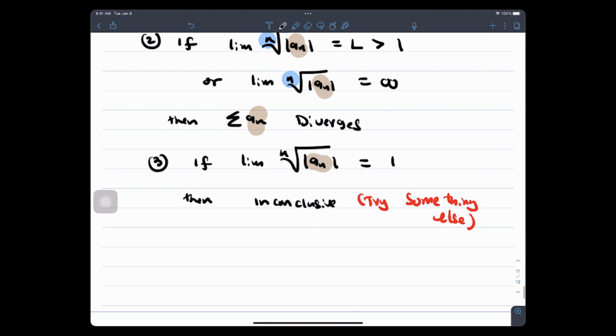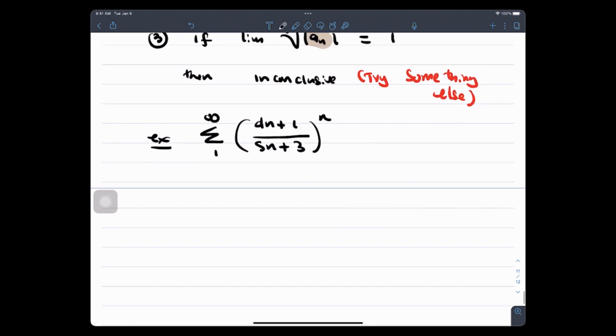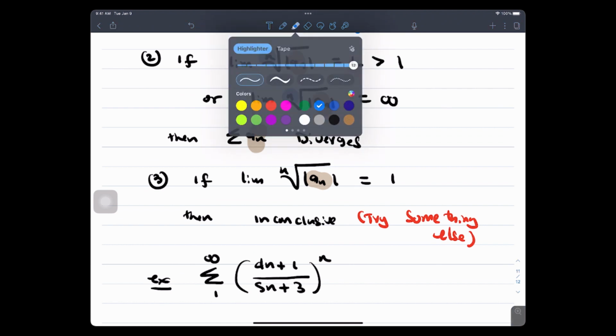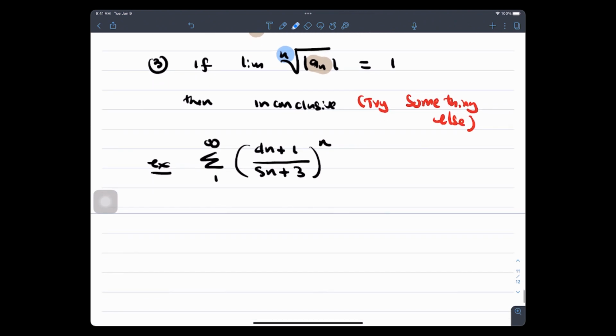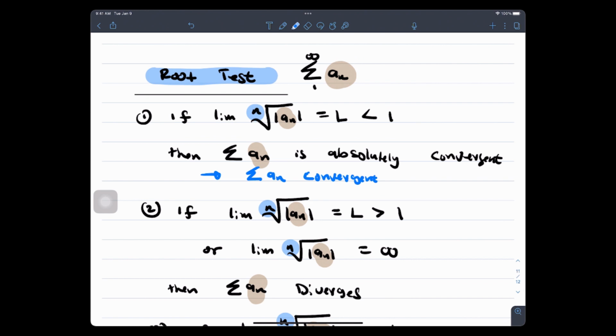Okay, so I'll give you guys some examples here. The sum of (4n plus 1 over 5n plus 3) to the nth power. Sometimes students say, Mr. Judge, how do I know when to apply the root test?